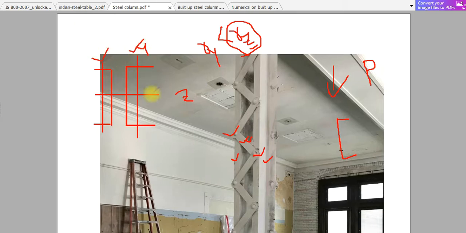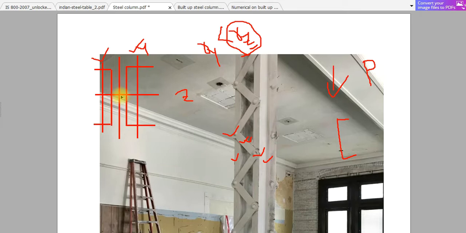So if we use these two channel sections as a built-up column or as an assembly, then the new center of gravity will be found by this. So this will be the new center of gravity.